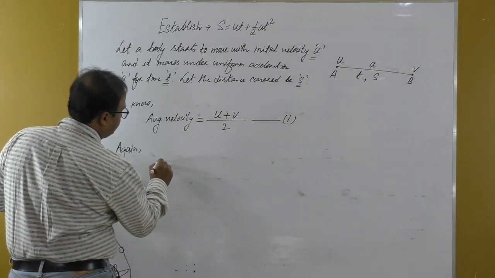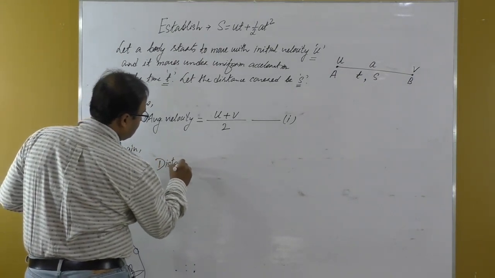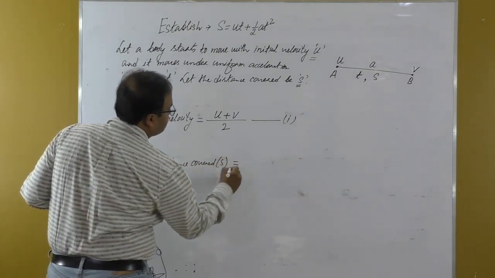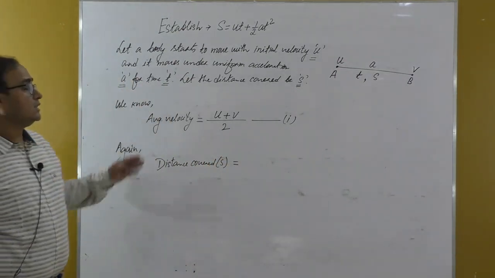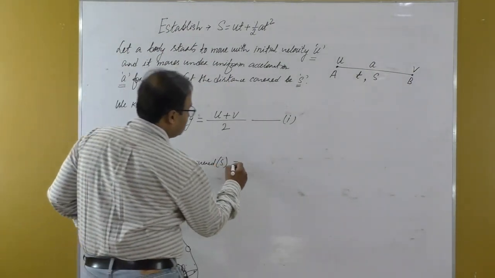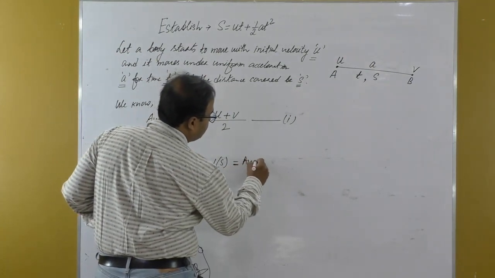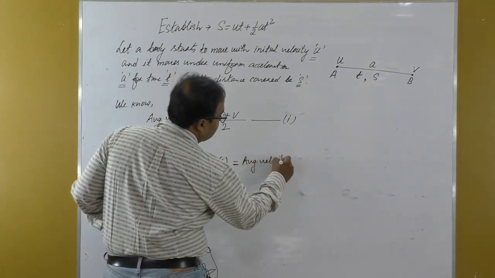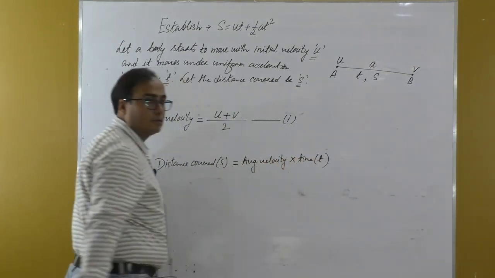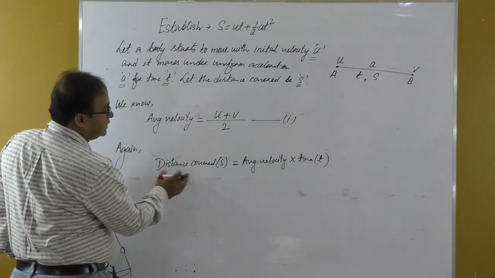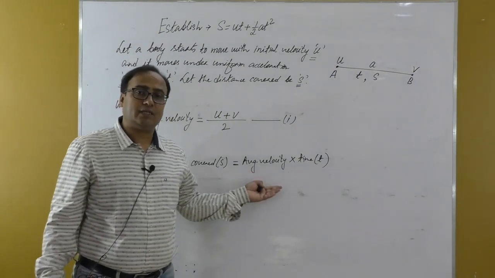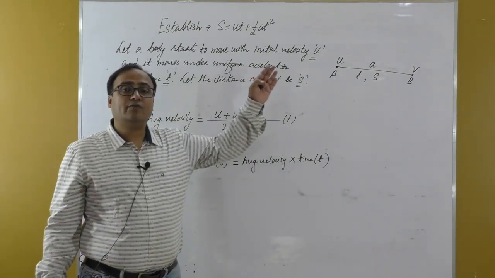Again, we know the formula, distance covered is equal to velocity into time. Since the velocity is not constant, the body is moving under acceleration, here distance covered we can write is equal to average velocity into time. यहाँ हम लोगों ने average velocity ये क्यों लिया यहाँ पे? क्योंकि body uniform velocity में नहीं है.